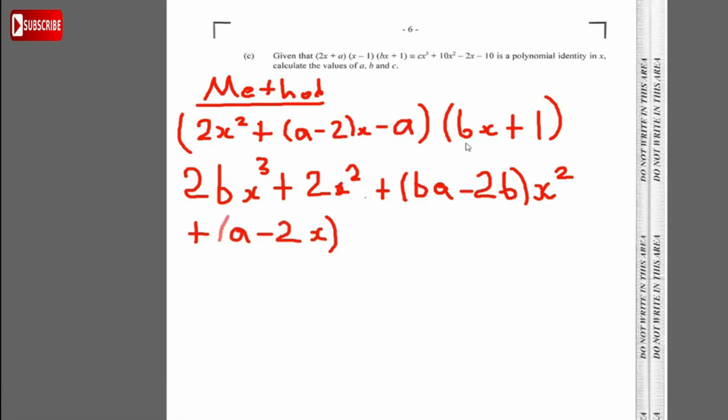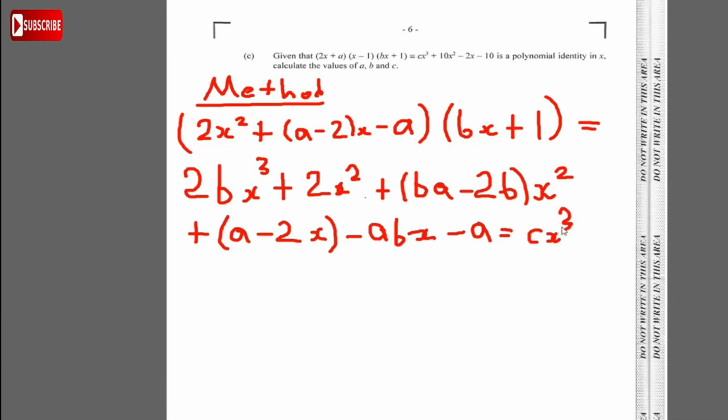Then you're going to have minus abx minus a, and all of this is equal to your cx cubed plus 10x squared minus blah blah blah.